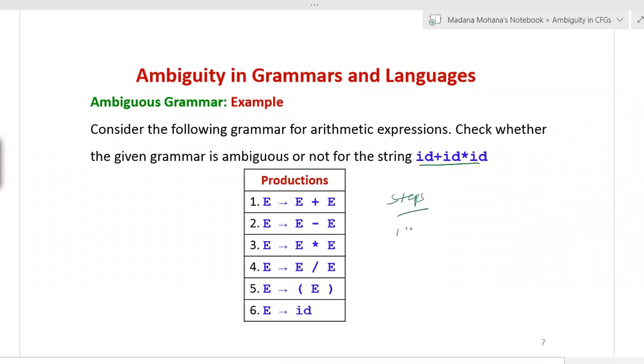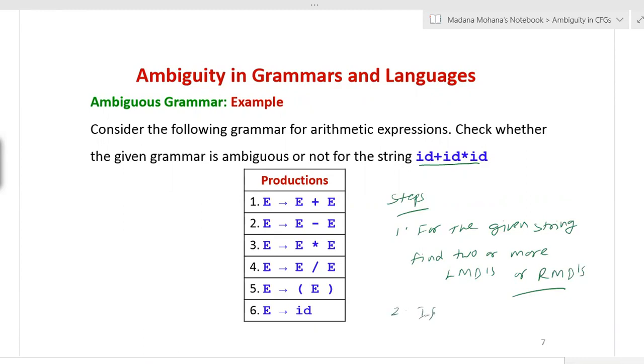The first step: for the given string, find two or more leftmost derivations or rightmost derivations.